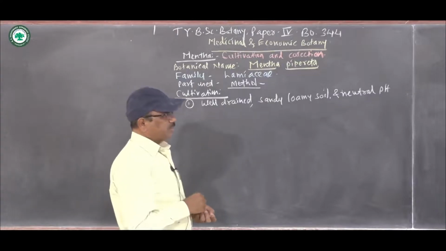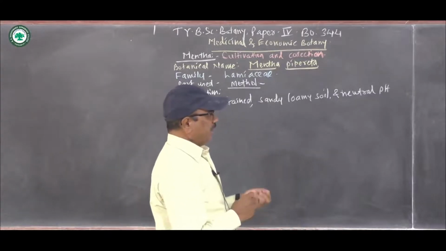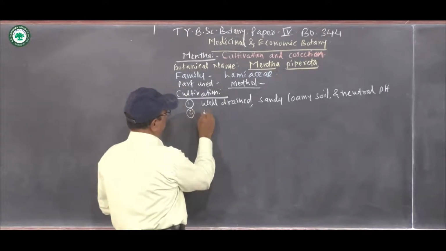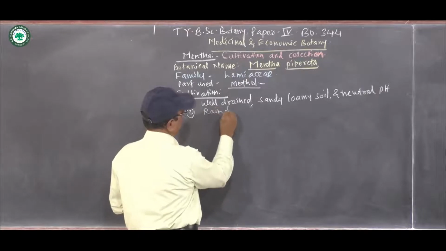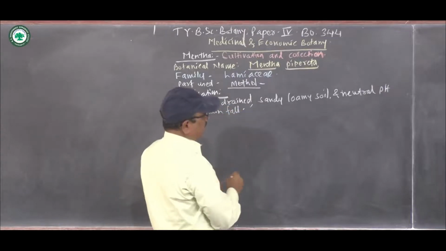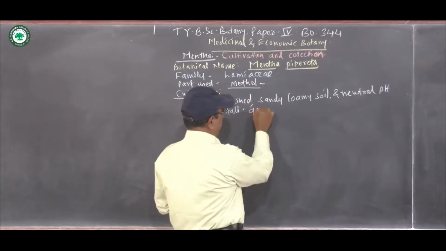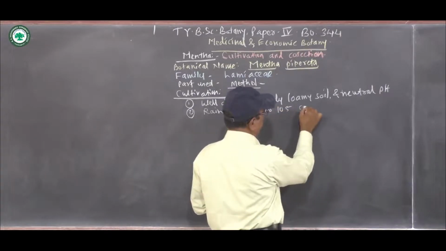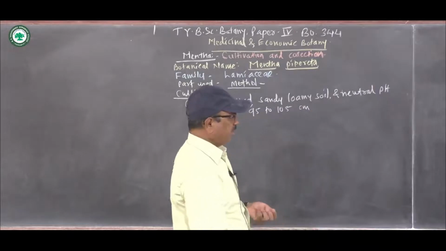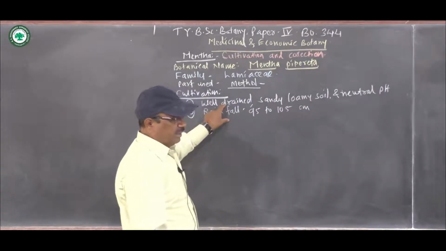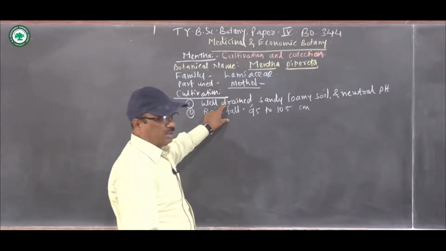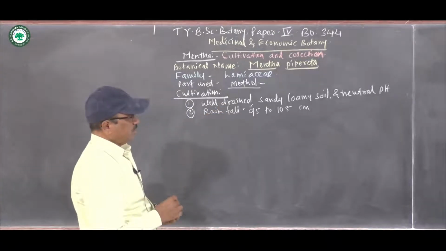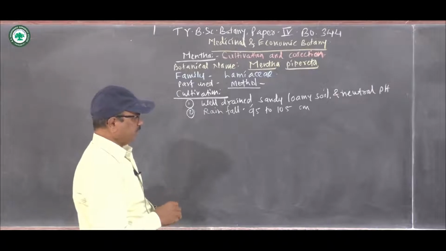Then if we see the rainfall, maximum rainfall of 95 to 105 centimeter is very useful for the growth and cultivation of this plant, that is the Mentha.